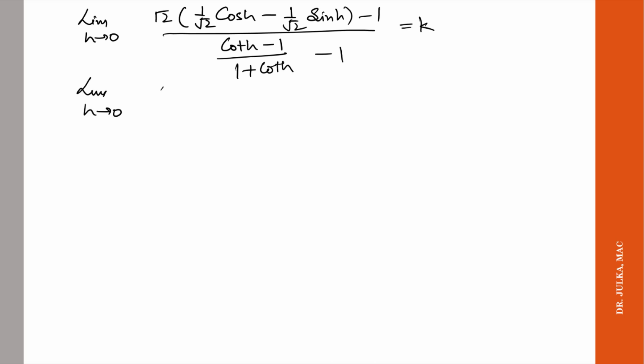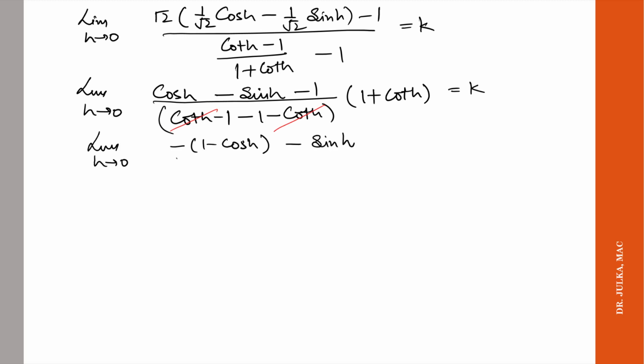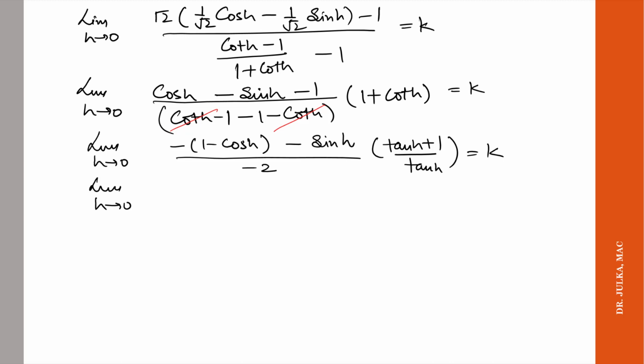And now multiply root 2 inside and we'll get cos h minus sin h minus 1, the whole divided by, now we'll take LCM, 1 plus cot h, and we'll get limit h tends to 0, minus take common, 1 minus cos h minus sin h, the whole divided by minus 2, and the whole multiplied by tan h plus 1 upon tan h, because we are converting cot into 1 upon tan.